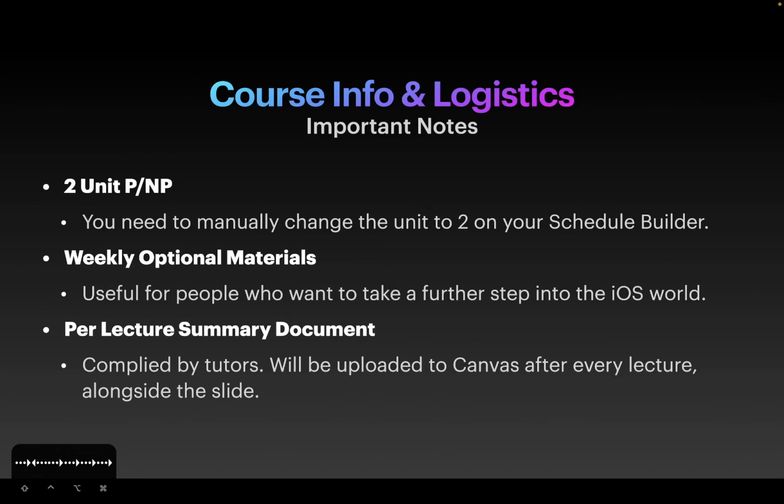So I cut down lots of stuff and made it a 2-unit course. But if you do want to dive into more details about the iOS world, I provide weekly optional materials for you to learn more. If you just take the course to get some basic concepts, that's okay. It's just a 2-unit course with a corresponding workload.